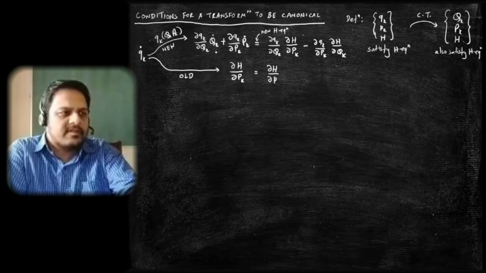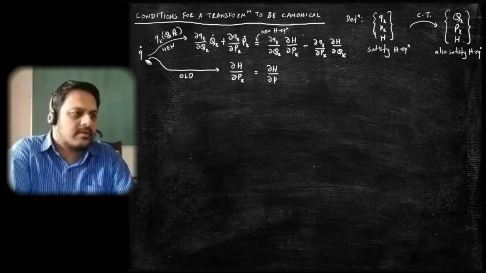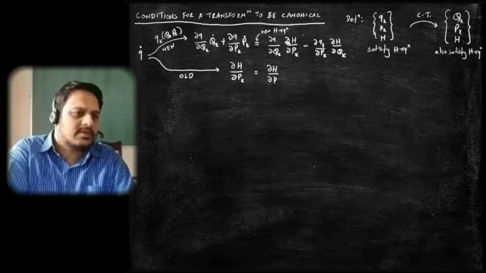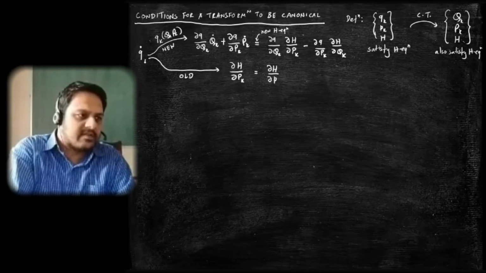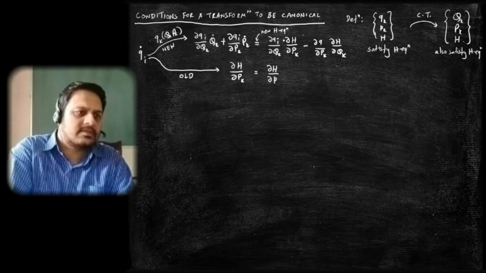Let me call this qi. That's the only correction. The reason is that otherwise your summation over indices doesn't make sense.